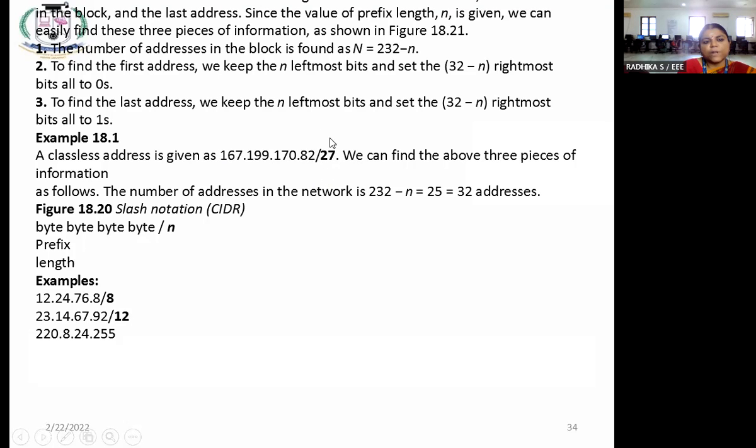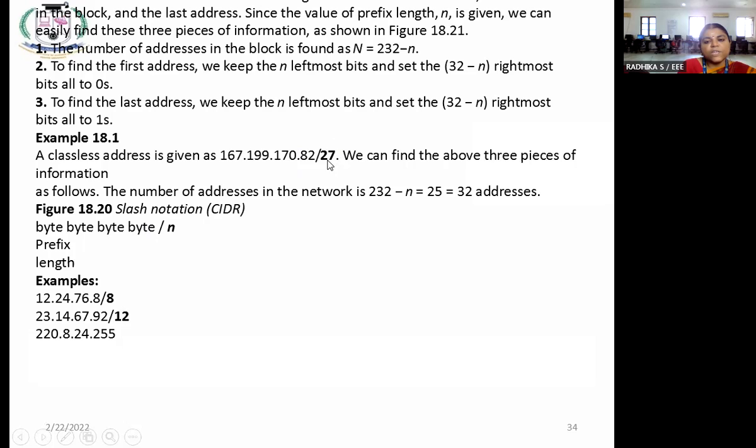What does this number represent? This number illustrates the size of the prefix. When I say 27, it implies 27 bits are used to represent the prefix, and the rest of the bits are used to represent the suffix.